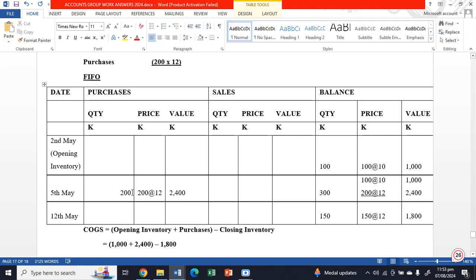These 200 goods were the latest to come in. So the way I've separated here, you've got 100 goods at 10 kwacha, you've got 200 goods at 12 kwacha. In total, you have 300 goods. The value of the goods, 1,000 and 2,400.